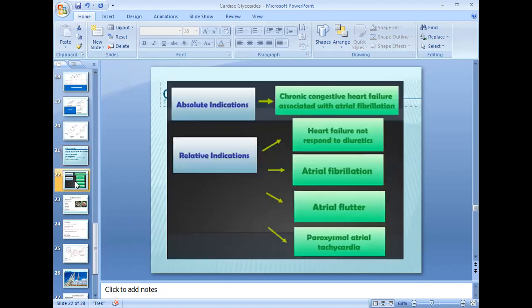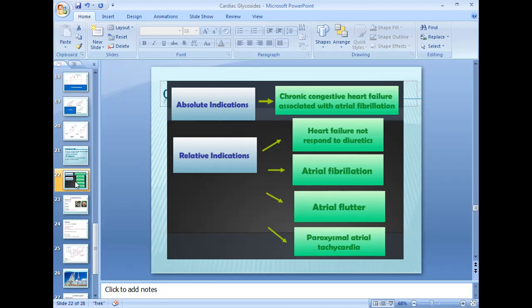Because of their cardiac effect, they are used in different conditions. The absolute indication includes chronic congestive heart failure, which is associated with atrial fibrillation, and relative indications include heart failure which is not responding to diuretics, atrial fibrillation, and atrial flutter.